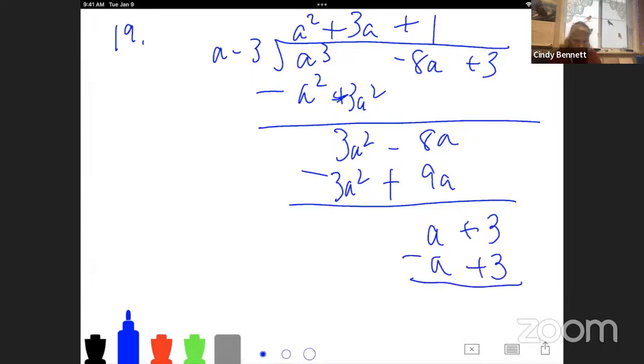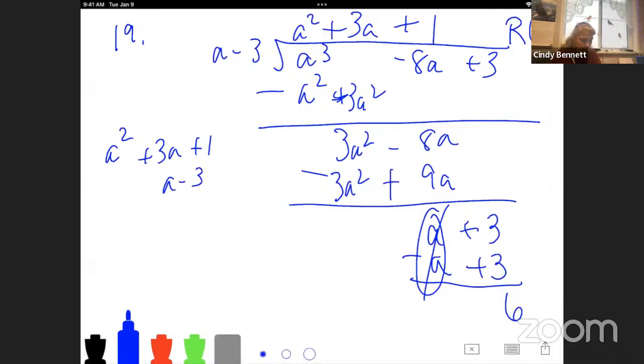Change the signs. So these cancel, but then I get 3 plus 3 is 6. So I get a remainder of 6. Now that looks kind of weird. So what you can do is you can check it out. A squared plus 3a plus 1 times a minus 3. You get a cubed plus 3a squared plus a.